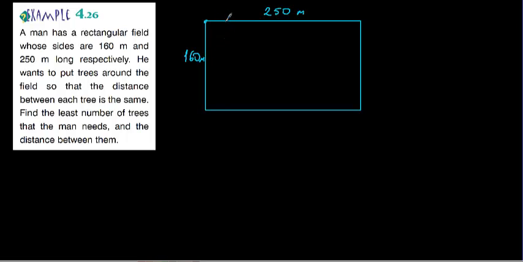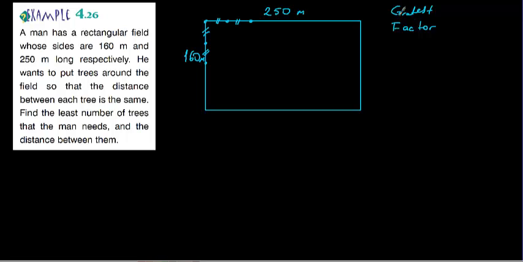Let's say the distance between them is going to be equal here, and also on this side. So we are going to find the greatest number which divides both of them. Dividing means it must be a factor, it must be the greatest value, and it must be a factor because it must divide both of them.